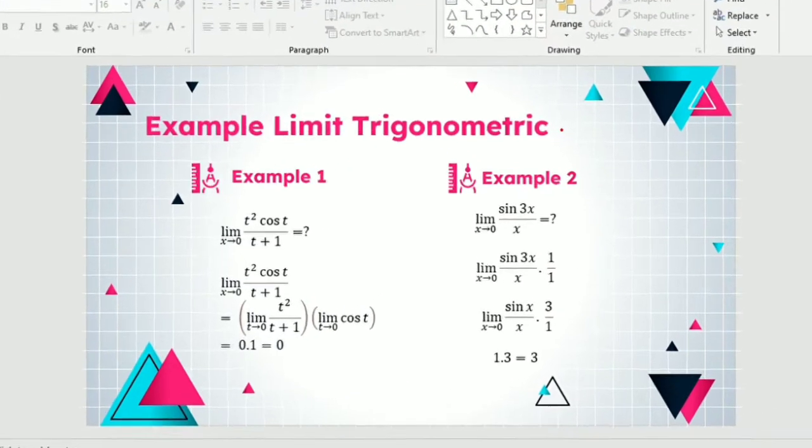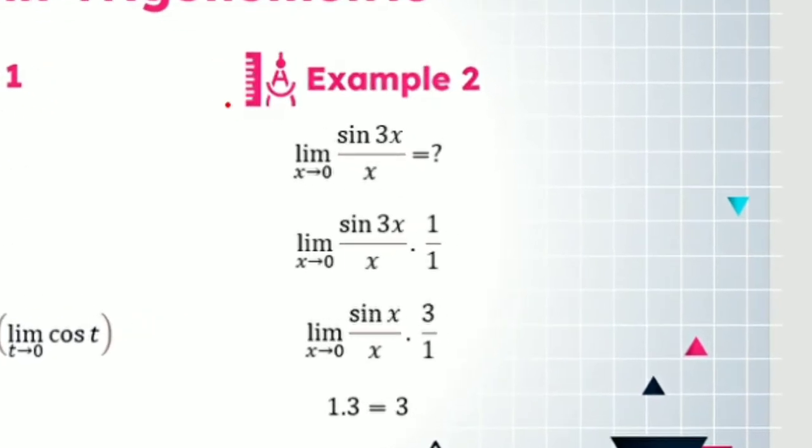Example 2: limit x to 0 of sin 3x divided by x. First, we must know that multiplying by 1 divided by 1 keeps the value the same. So we have sin x times 3 divided by x times 1.